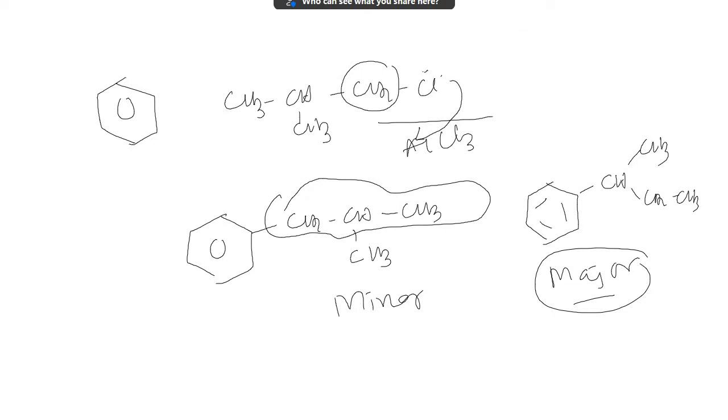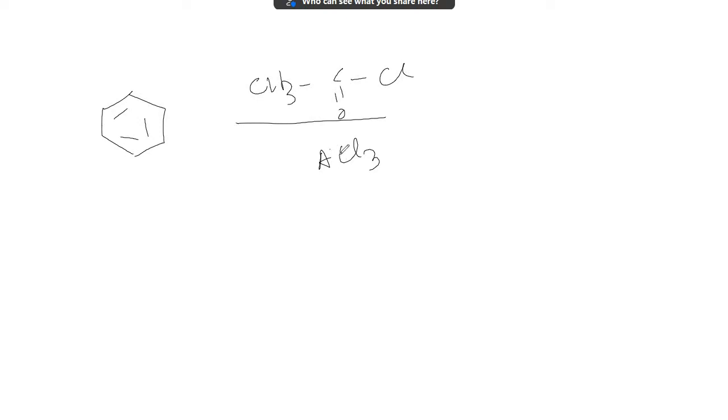Now, if we think of the acyl halide case, suppose benzene is treated with CH3C double bond O Cl and AlCl3. In this case, the electron density on the chlorine atom will be less compared to the alkyl halide. If you ask why, it is because the CO group is electron attracting.